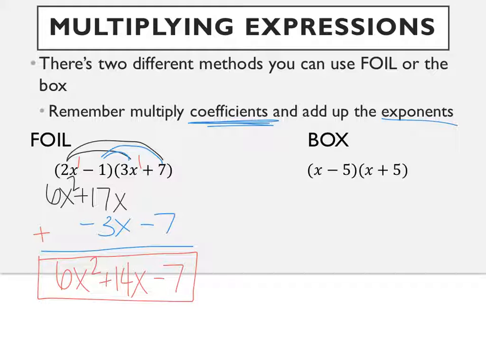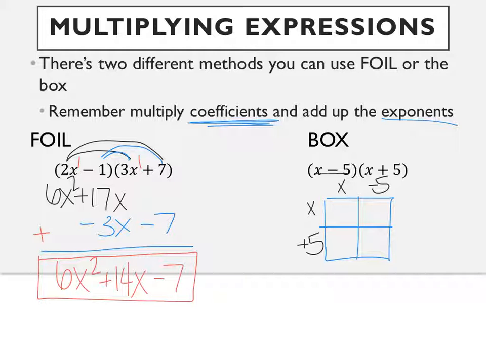Now you can come over here and try box. FOIL and box are both for multiplying, and you can use whichever method you prefer. Since I have 2 terms in both of my expressions, I'm going to make a 2 by 2 box. Then I take each side and line it up with one of the expressions. On the top, I'm putting the x minus 5, and on the side, I'm putting the x plus 5.